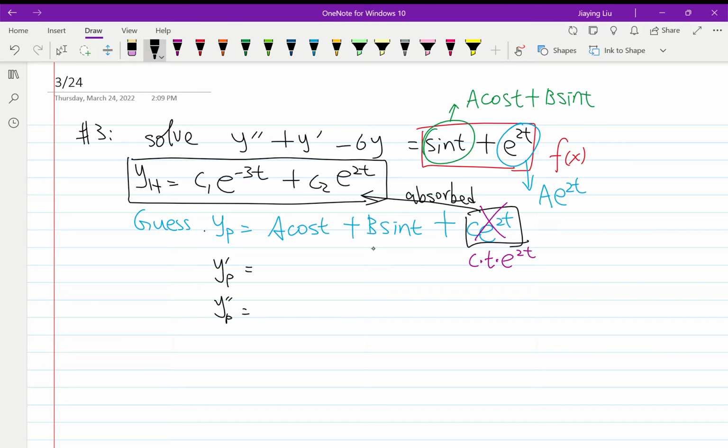And after that, we have three expressions we can put into the given differential equation in the beginning, the y double prime plus y prime minus 6y. Okay. Excellent. Good. Any other questions?